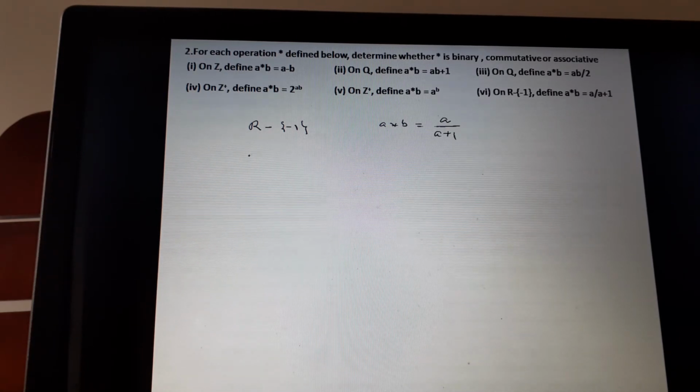Now you take, for example, minus half belongs to R minus 1, definitely, because this is the set of real numbers, it contains all numbers.